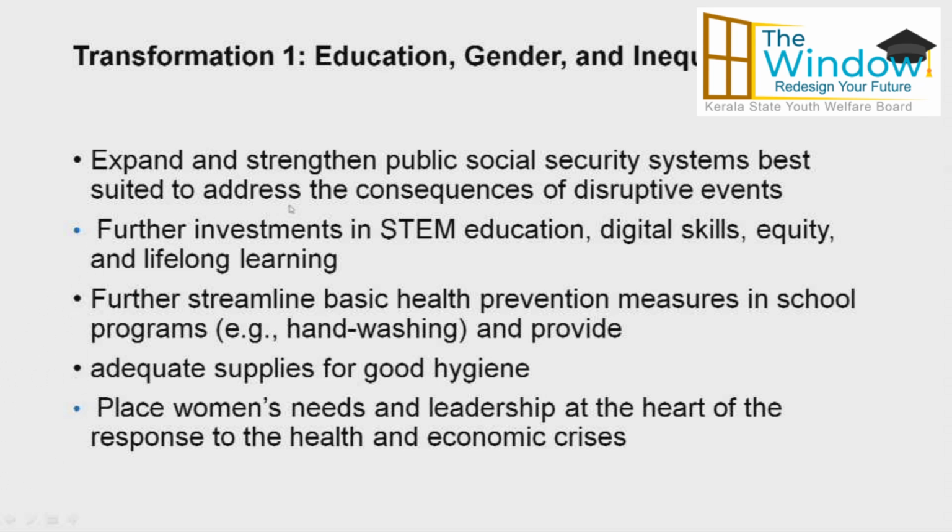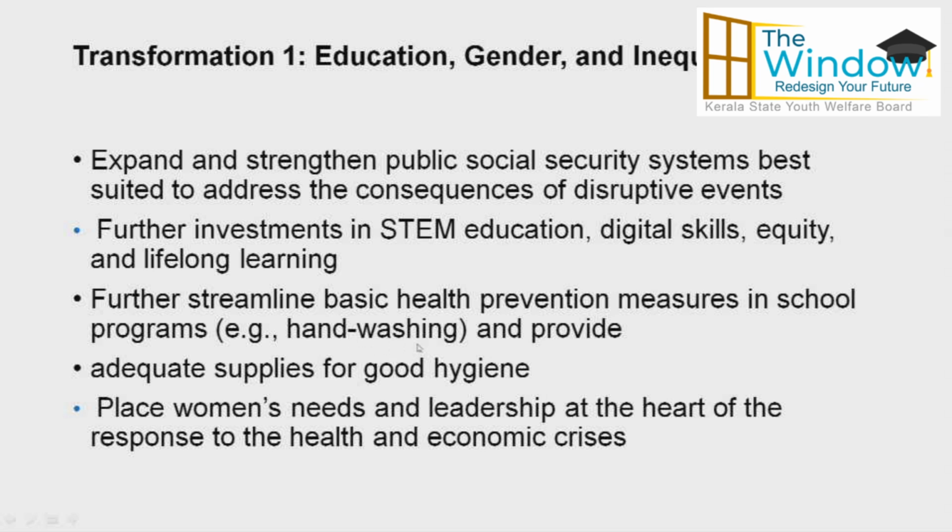The 5 major areas under education, gender and inequality are: expand and strengthen the public social security system best suited to address the consequences of disruptive events. Further investment in STEM education, digital skills, equity and lifelong learning.